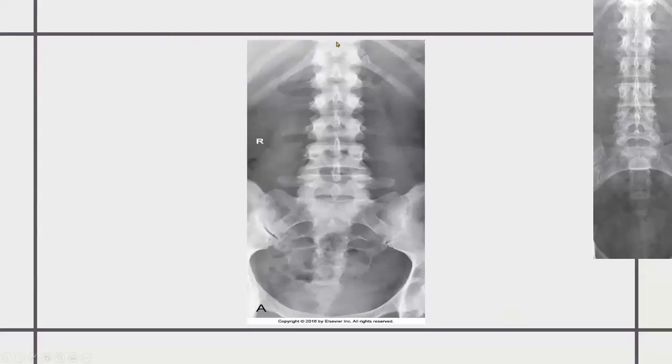I can still collimate 14 inches top to bottom and not include. So if I actually do all my L spines or LS spines 1.5 inches above the crest, I'm always going to include the SI joint, which is a requirement. And the bottom of my image will never include the pubic bone.